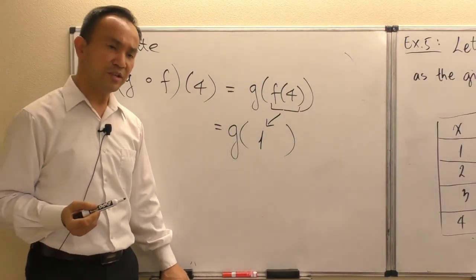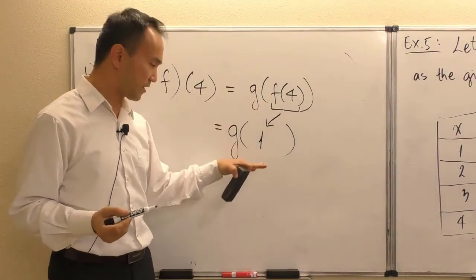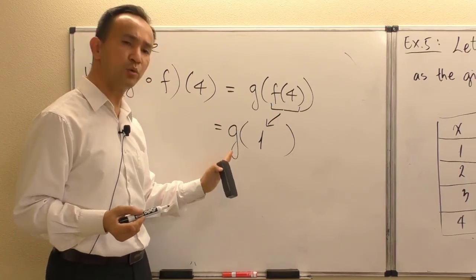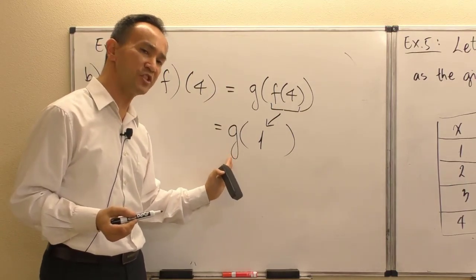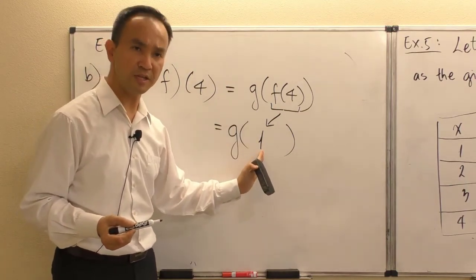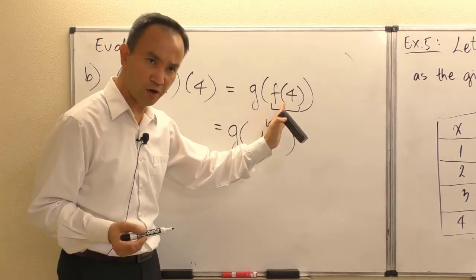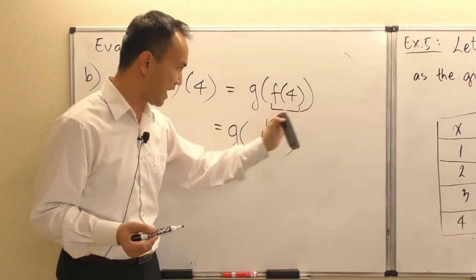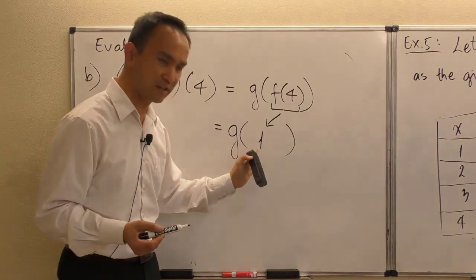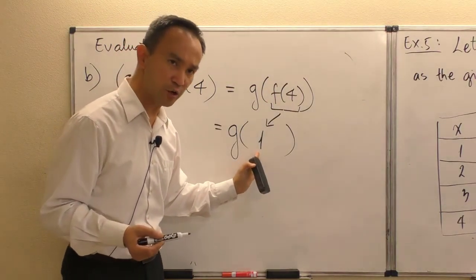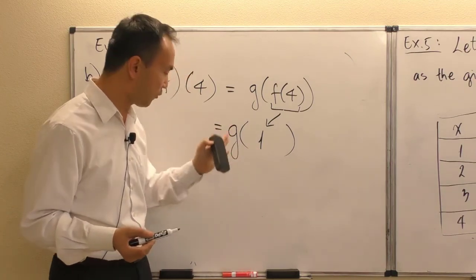In this current step, we want to evaluate the outputs of g based on the input being 1. This 1 was the output of f of 4, but once we have calculated it, it is now the input value for g.